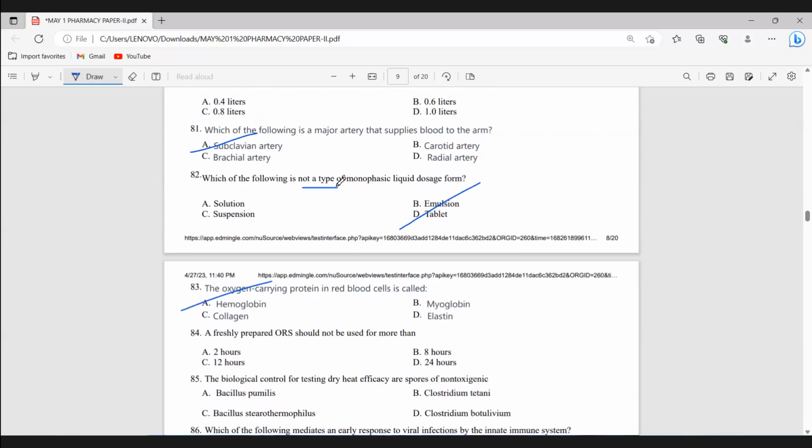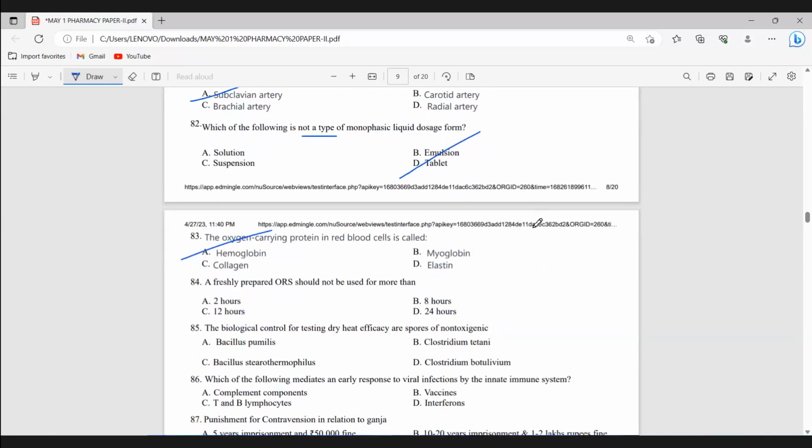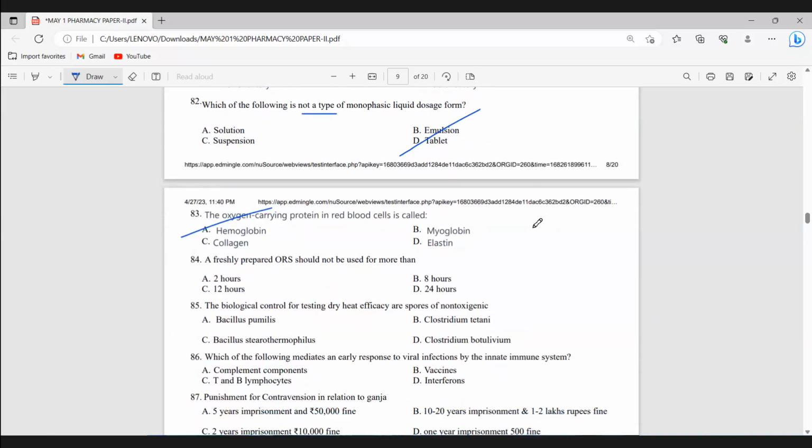Not a type means tablet. First read the question properly.